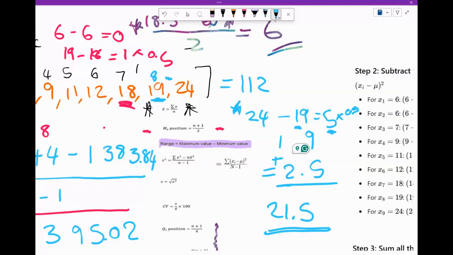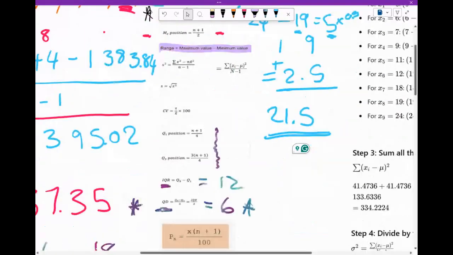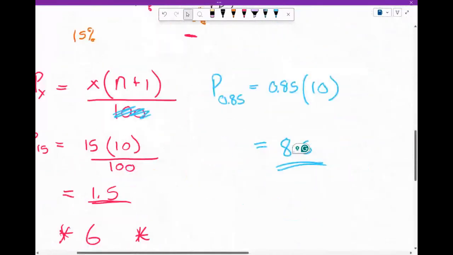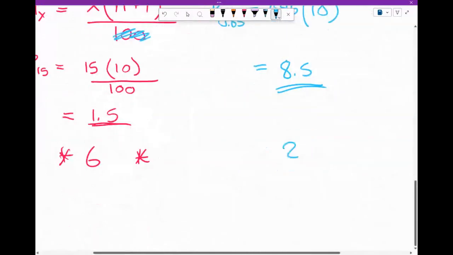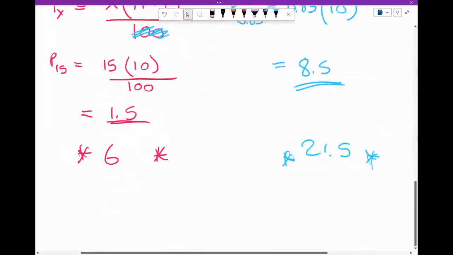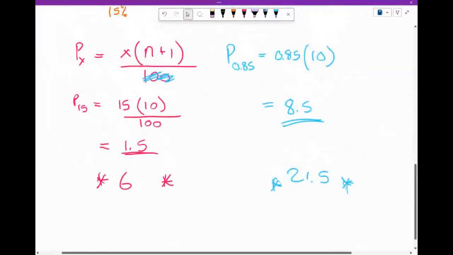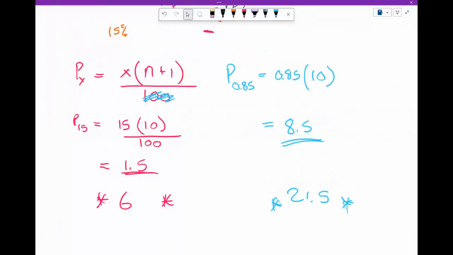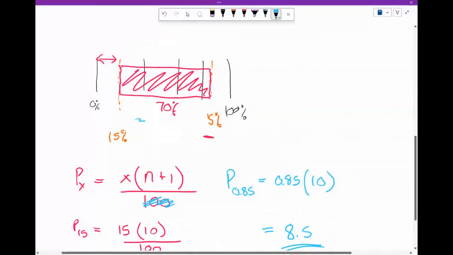Please go back to the other one, the one that you did before you started. Okay. So our answer here, we said, is 21.5. Am I right? 21.5. Okay, no problem. And then remember, we are looking for this 70, so we're not completely done.